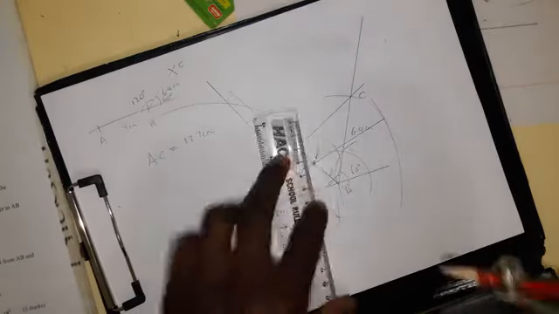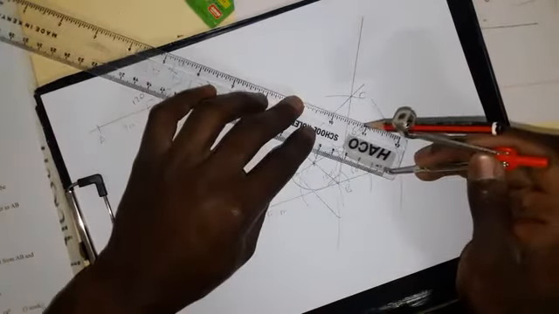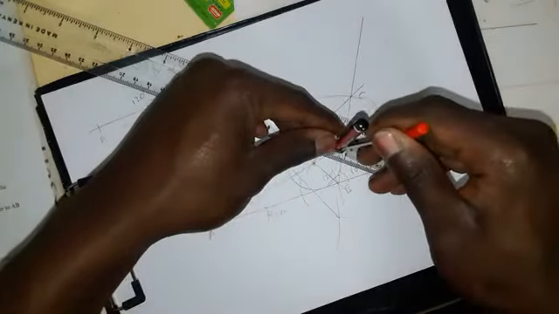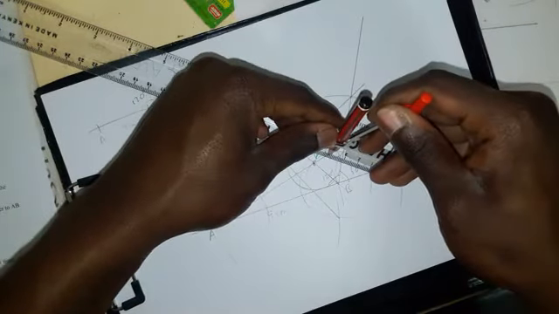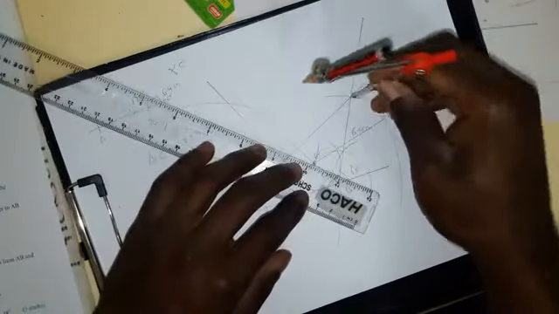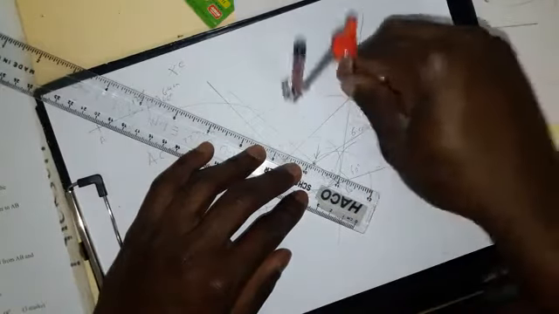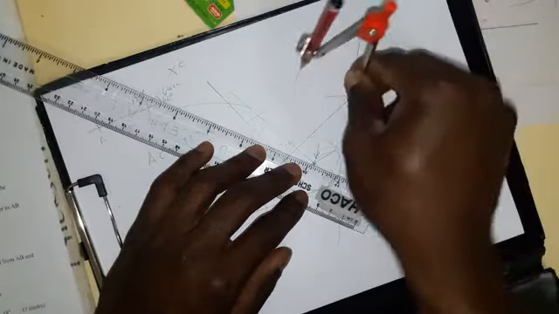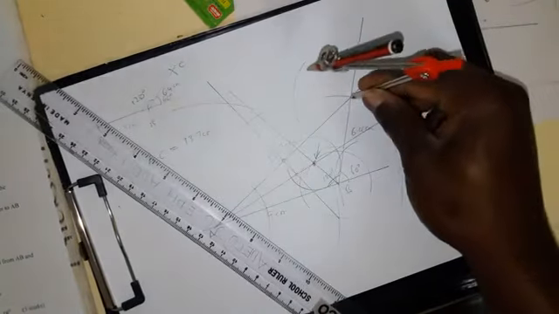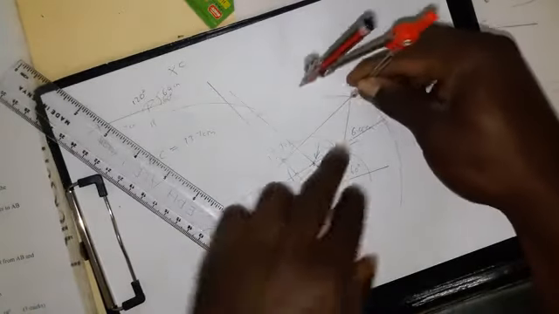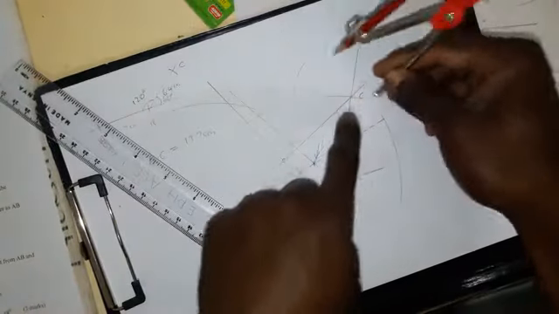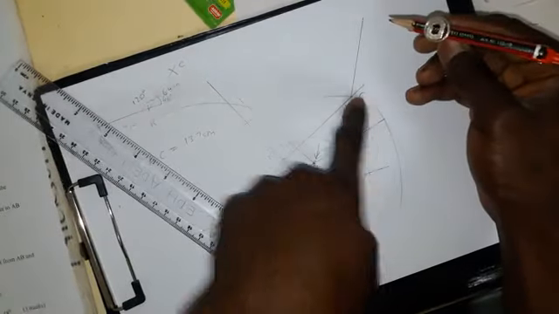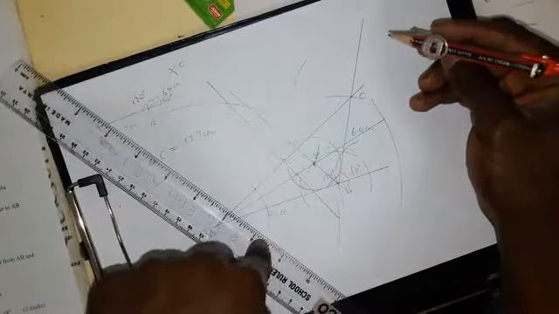So we'll basically measure a length of 4.2 centimeters, then drop a perpendicular. You can have the long method, drop a perpendicular from BC, drop a perpendicular that goes through C and goes through B, and then you join those points.